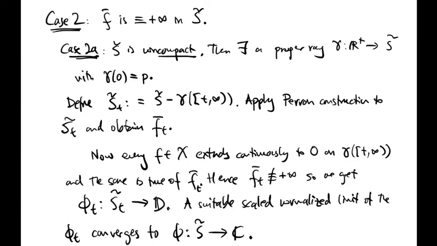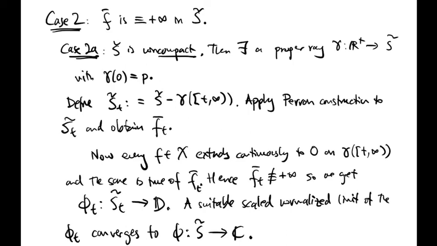In this case, we can find an embedded proper ray gamma from R plus to S twiddle, starting at the point P. Let's define a family of Riemann surfaces, S twiddle sub T. The surface S twiddle sub T is obtained from S twiddle by removing part of the proper ray gamma, namely the part of gamma from T to infinity.